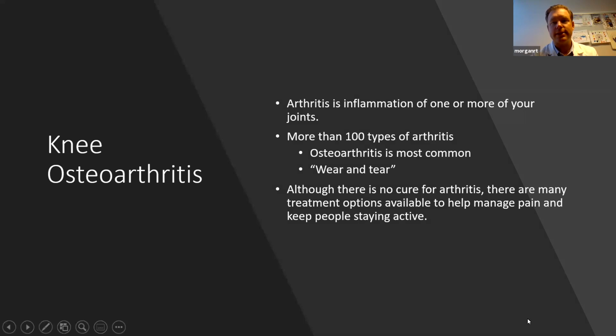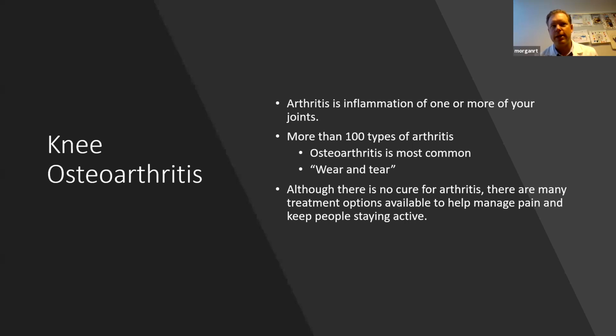So arthritis is inflammation in one or more of your joints. There's more than 100 different types of arthritis, but osteoarthritis is the most common. That's a wear and tear type arthritis that we see in folks over time. Other types of arthritis can be rheumatoid arthritis or post-traumatic, meaning you've had some injury and then you get arthritis.